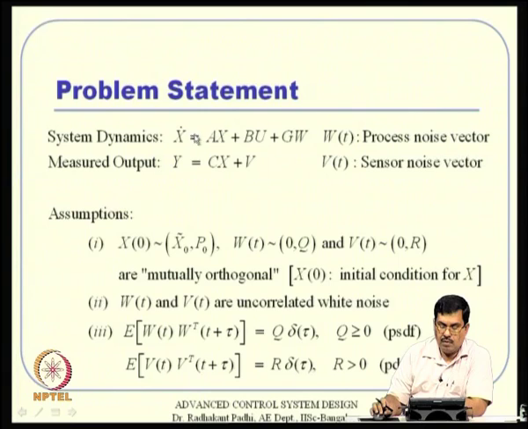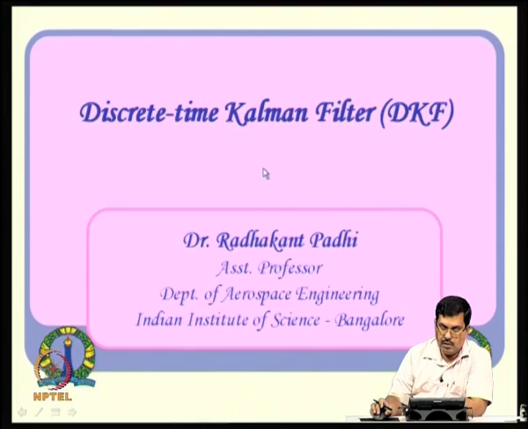We have several methods anyway: zero order hold, Euler integration, whatever discretization method. Once you discretize the system dynamics and the measurement is anyway coming in a discrete manner, then we will have a compatible system to talk about. So, that is what discrete time Kalman filter theory talks about. Okay. So, let us talk about that.